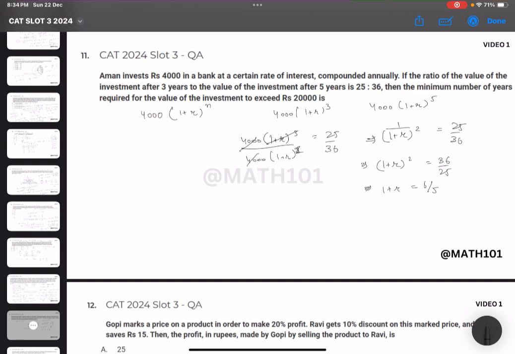So we need to find the minimum n such that 4,000 into 1 plus r to the power of n is greater than 20,000. Now we know 1 plus r is 6 by 5. We need 6 by 5 to the power of n to be greater than 5.